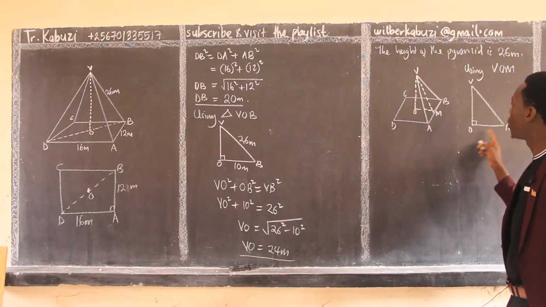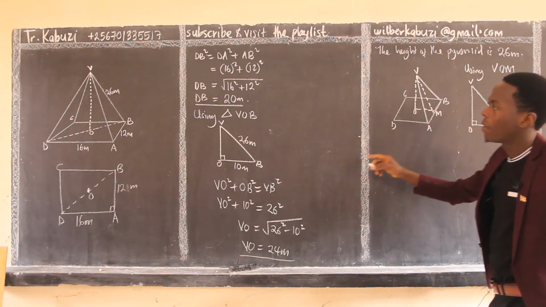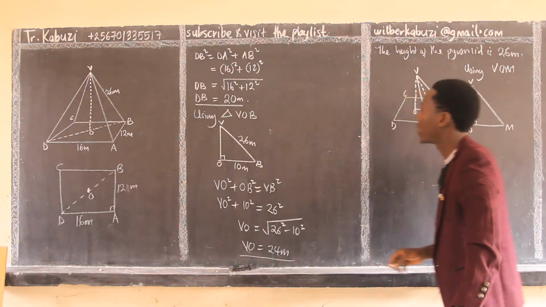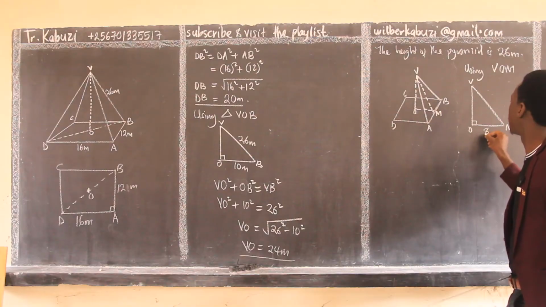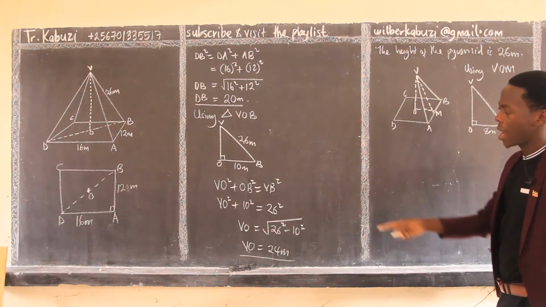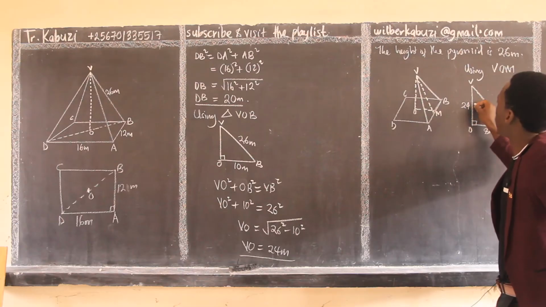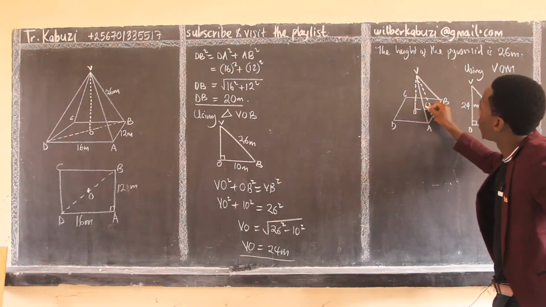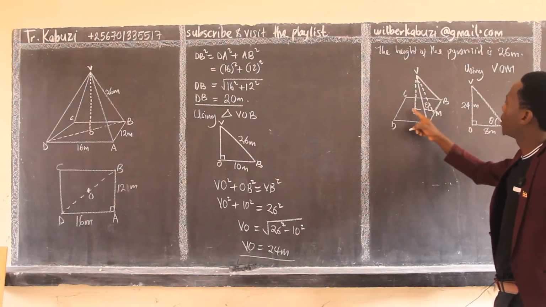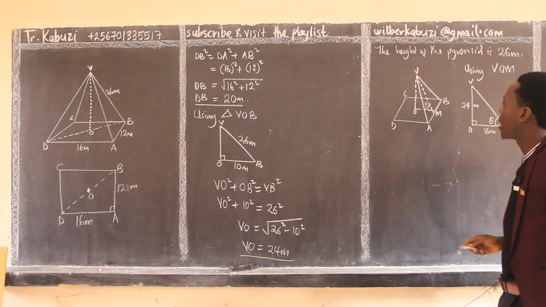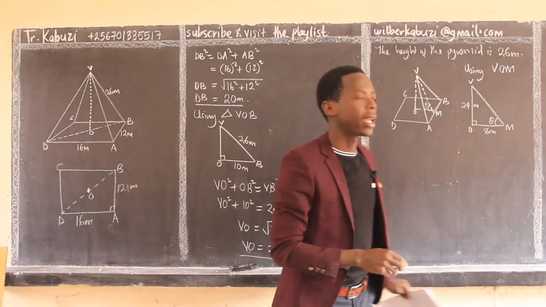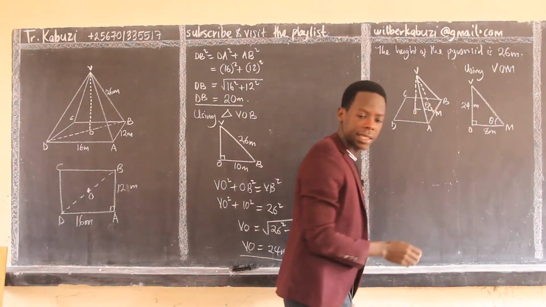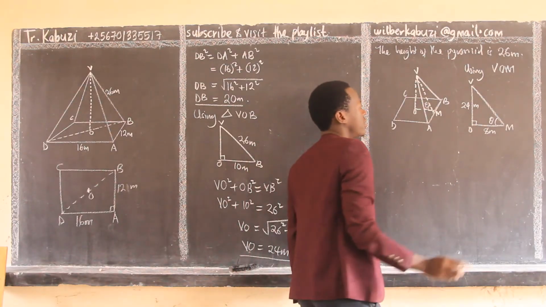You see that OM is halfway, half of this 16, so my OM is 8 meters, and I have the height already as 24 meters. So I want this angle theta, the angle between this slanting side and the base. Clearly, I have the opposite and adjacent, so you are just going to use tan.